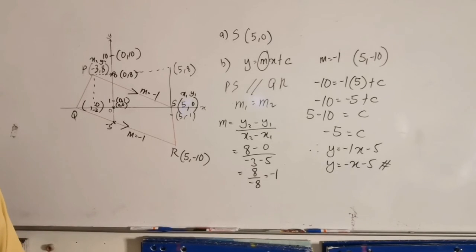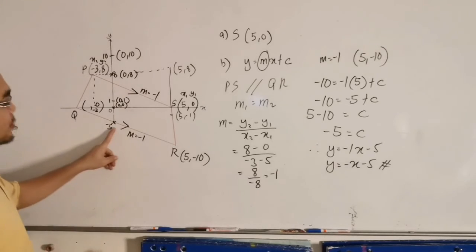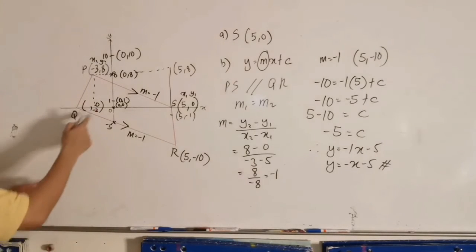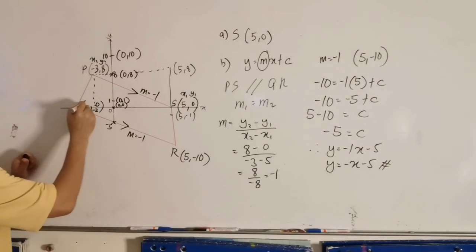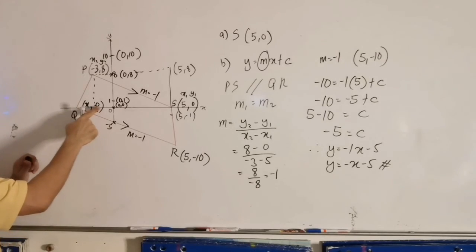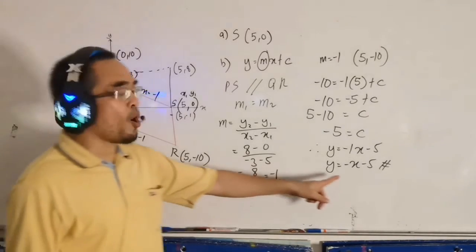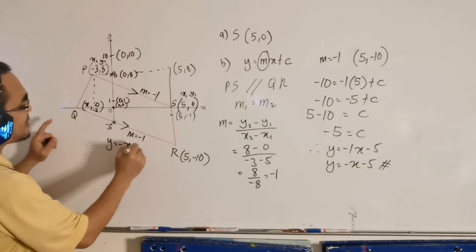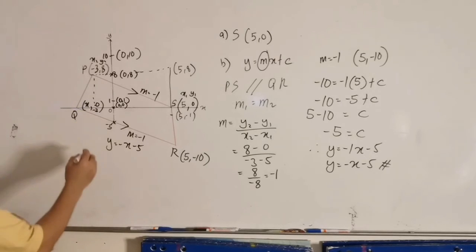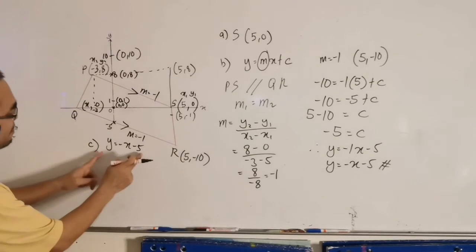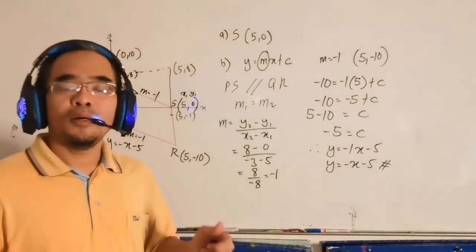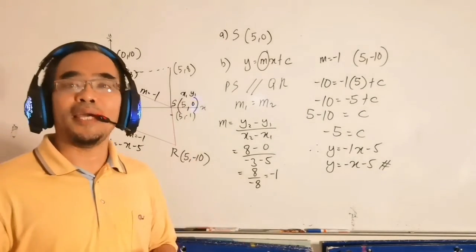And C, the x-intercept of the straight line QR. If this is the y-intercept, this is the x-intercept. We do not know the x, but we know the y is 0. Since we already know the equation of QR, y equals negative x minus 5, you just replace the value of y as 0, because any point on the x-axis has y equal to 0.